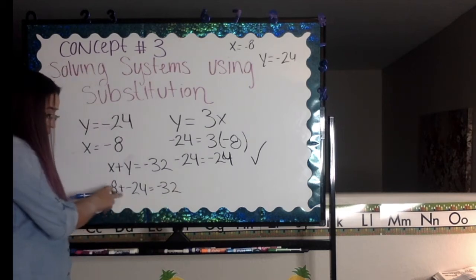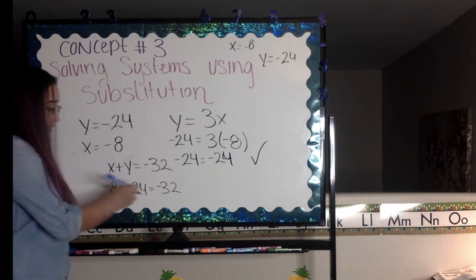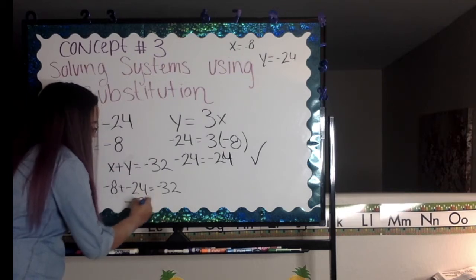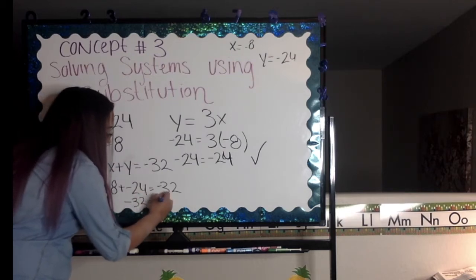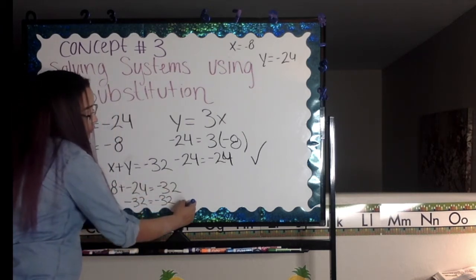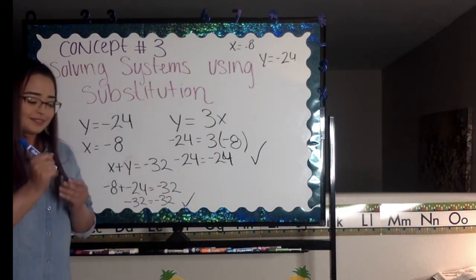Now, negative 8 plus negative 24 is negative 32, because both of our numbers were negative. Which makes this equation correct as well. Like how I checked my work?